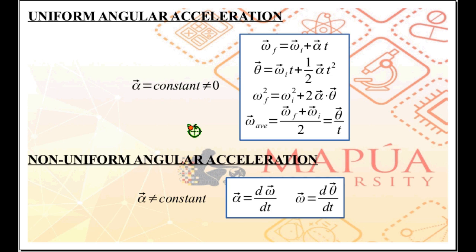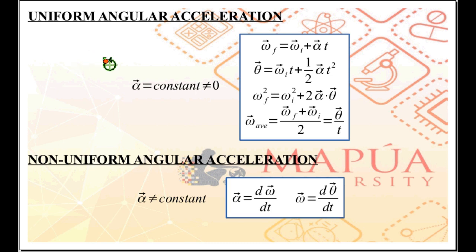You have x, v, and a for motion in a straight line. You have theta, omega, and alpha for angular kinematics. The equations are similar, so all you need to do is just remember your motion in a straight line equations, and just replace the variables by their rotational or angular counterparts, and you will have the equations for angular kinematics.